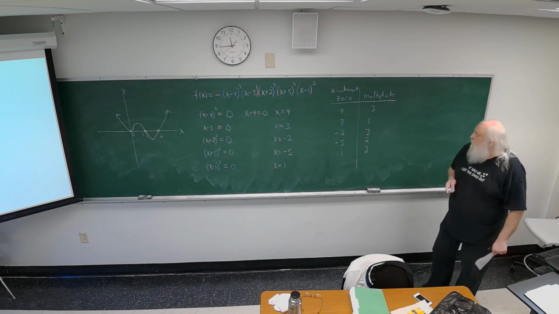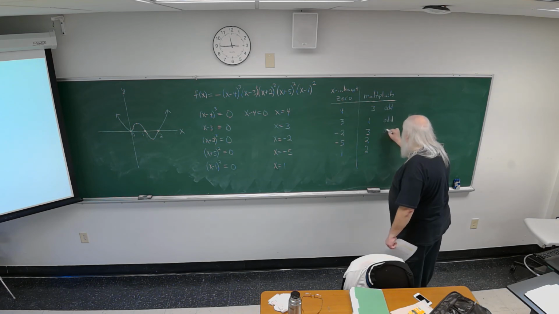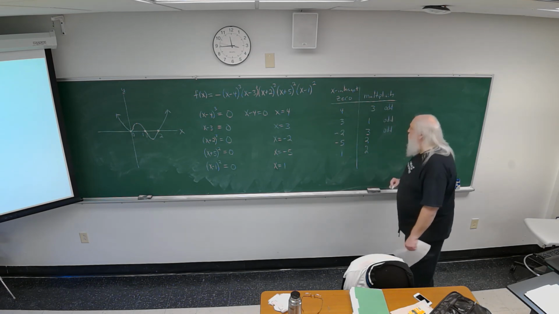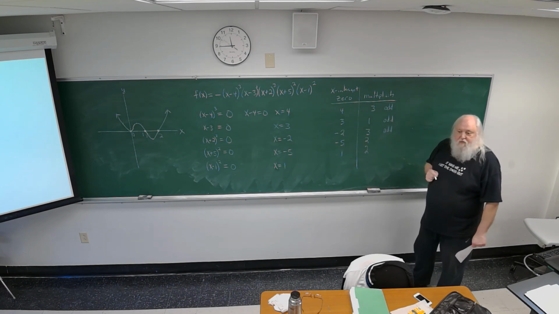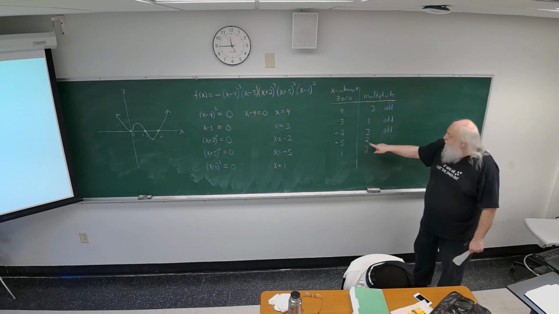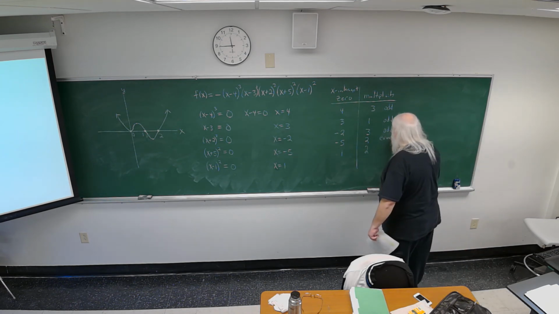Okay. So multiplicities of 3 and 1 are odd integers. So we know at these 3 x-intercepts, the graph is going to cross the x-axis. Multiplicity of 2, 2 is an even integer.